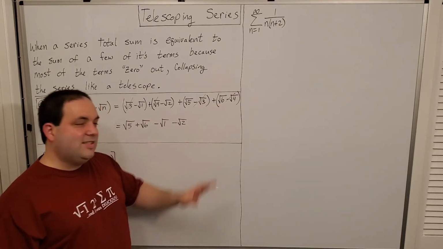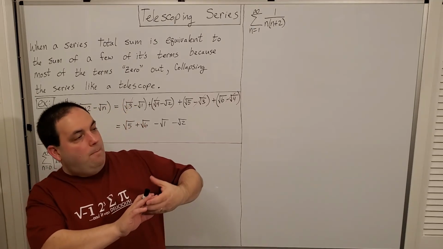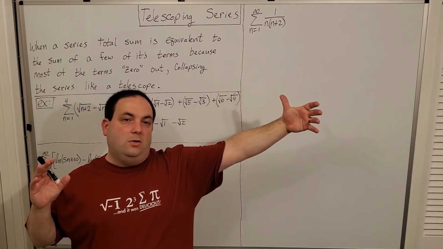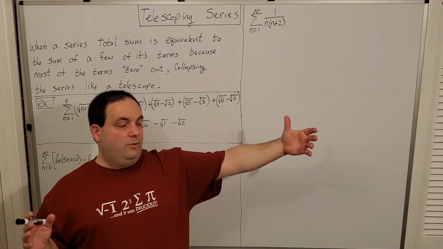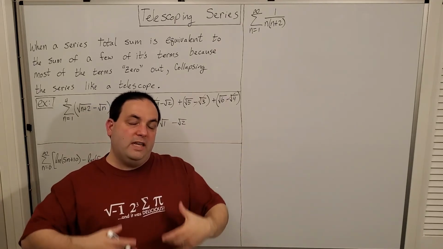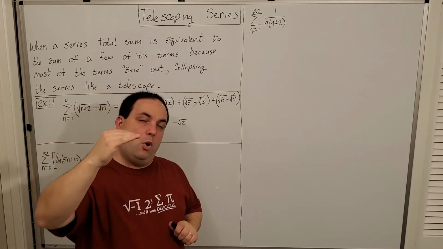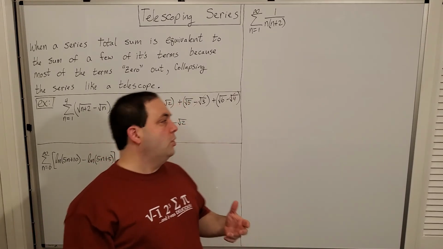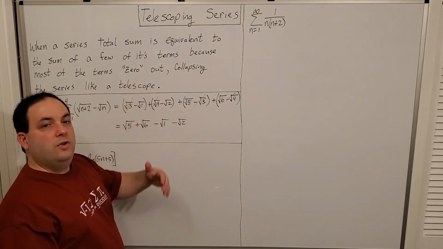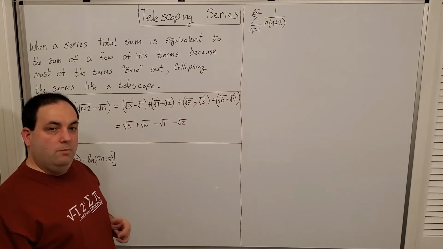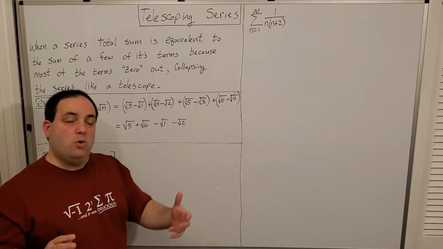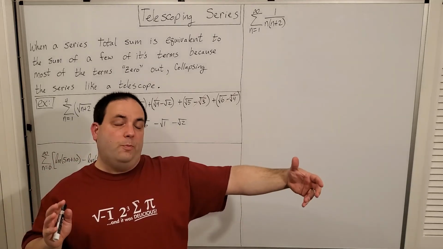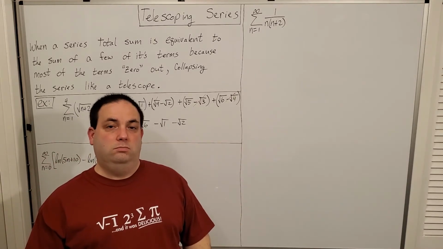Now imagine this same process, but on a much larger scale for an infinite series. Remember, we break an infinite series into a sequence of partial sums. So when it comes to telescoping series, what I'm going to do is write out a generic partial sum large enough to notice all of the telescoping patterns that occur.